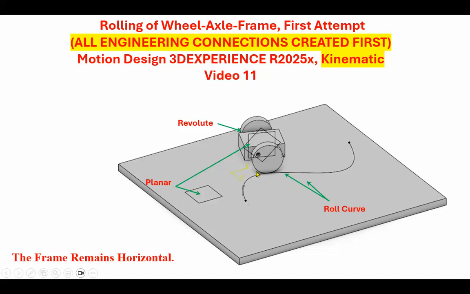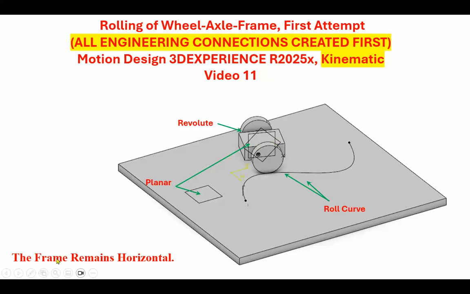So what I'm going to do is to create a roll curve joint, a revolute joint, and because I don't want this frame to be flipping, I want it to stay horizontal.